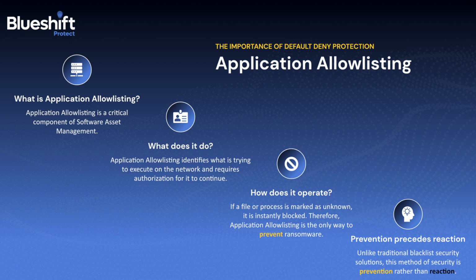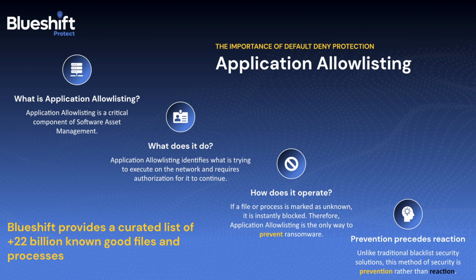And that's what this does. So we have a global list, which we'll talk about, of known good applications. There's a lot of them in there, and we allow those to run. We can keep a local list of things that we know are good and allow those to run, and then everything else is not allowed to run in the environment.